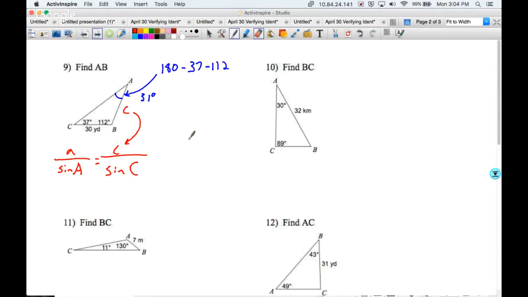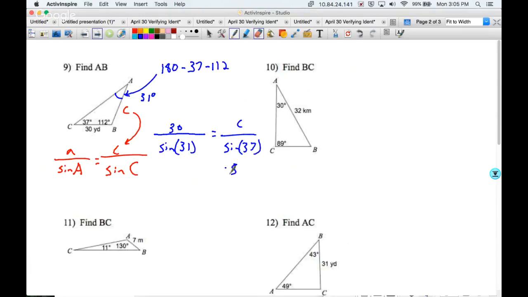Fill in what we have. I've got length a as being 30. Sine of angle A is 31 equals side length AB, which we're calling C right now, divided by the sine of its opposite angle, 37.